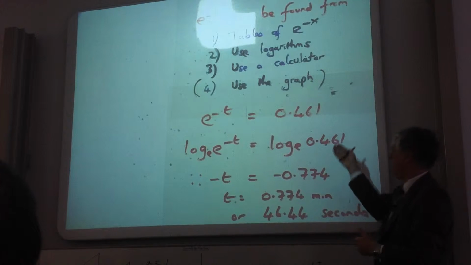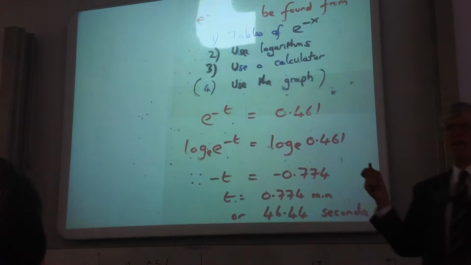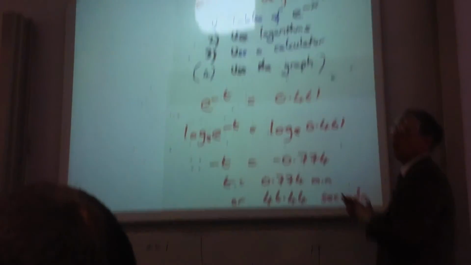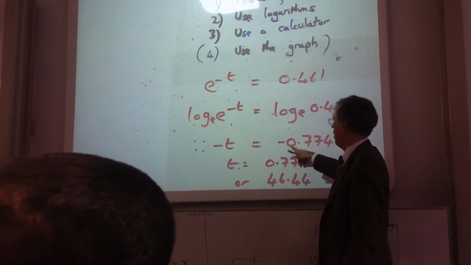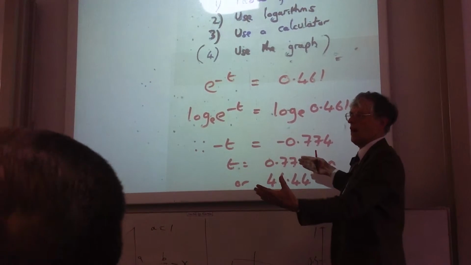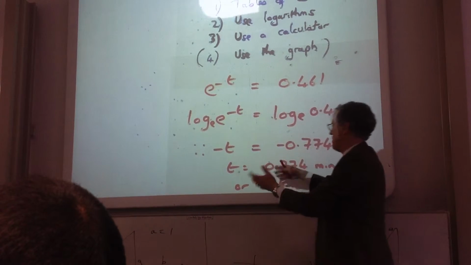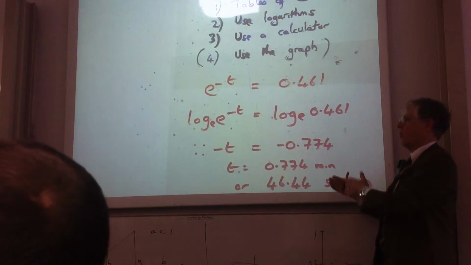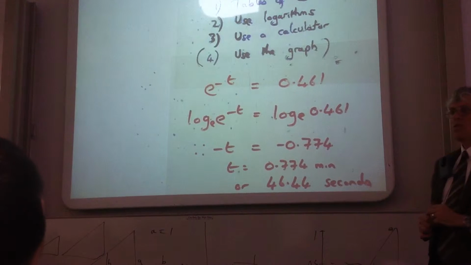Log to the base e of 0.461, on all your scientific calculators you have log to the base e. You just put in 0.461 and press log to the base e, and you will get minus 0.774 from the calculator. So t, obviously they're both minus, swap them around, t is 0.774 minutes. So that's another way of doing it, 46.44 seconds if you want to do seconds.